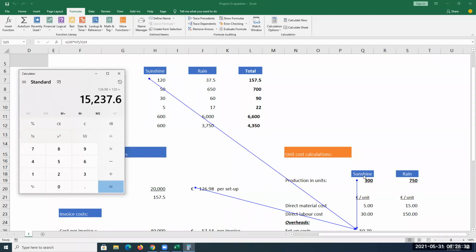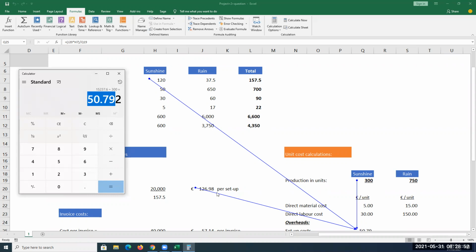But here I am calculating the unit cost. So divided by how many units we are producing? 300. So divide by 300. And this is my setup cost for 1 unit, 50.79. So 50.79 euro per unit is the calculation.